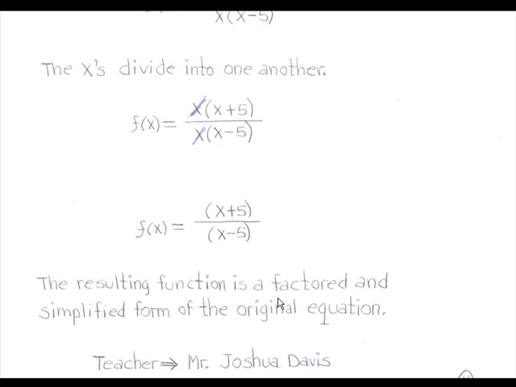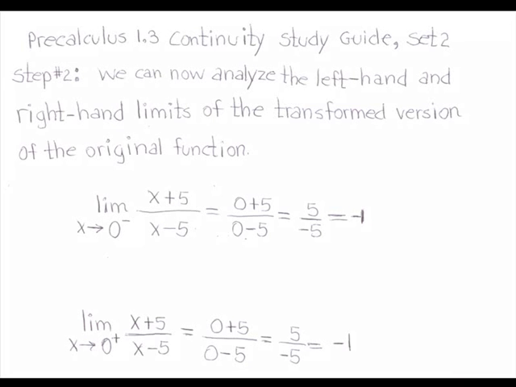The resulting function is a factored and simplified form of the original equation. So we're still at step 2. We can now analyze the left-hand and right-hand limits of the transformed version of the original function.